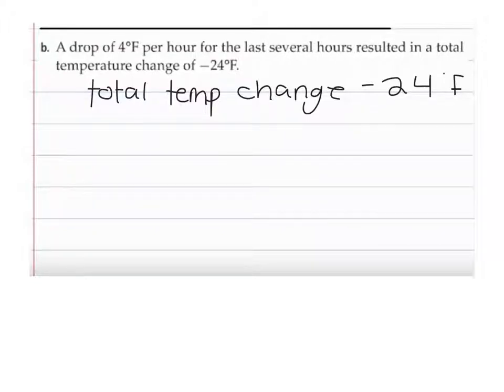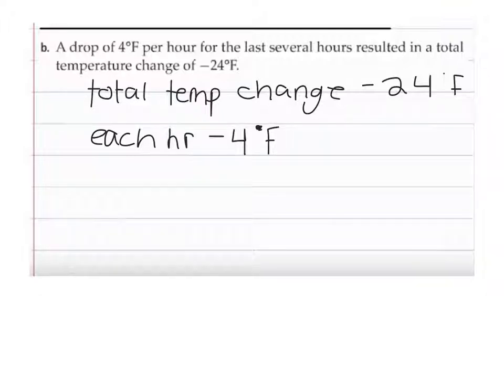And each hour, it dropped 4 degrees. So if it's dropping, we know that's a negative number. So each hour, it was negative 4 degrees Fahrenheit. It dropped 4 degrees, and being that it dropped, that's why I put that negative sign in front of the number.